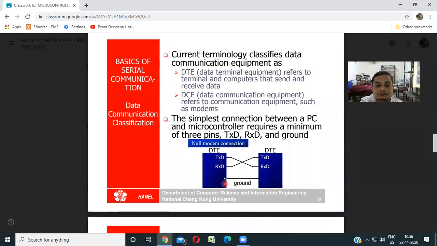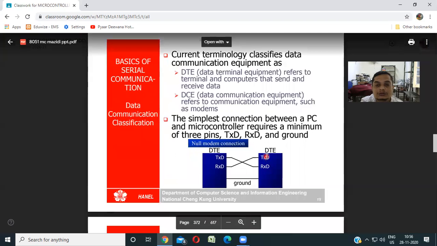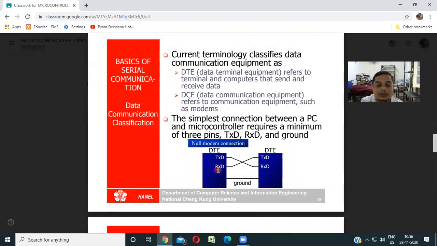In this connection, you can see the TXD of the first DTE is connected to the RxD of the next, and the RxD of the first is connected to the TXD of the next. And here you can see the ground.